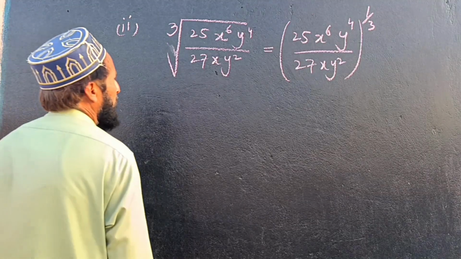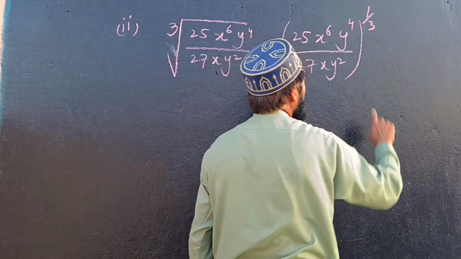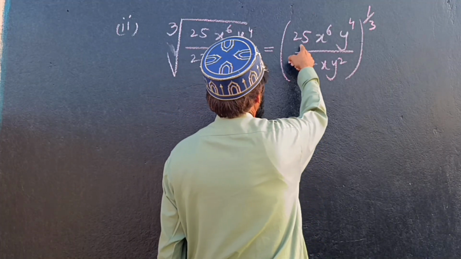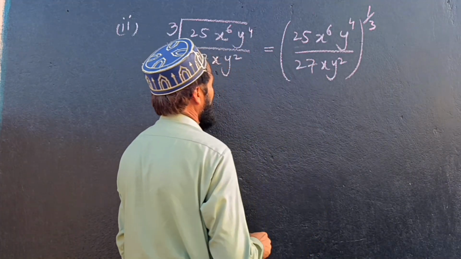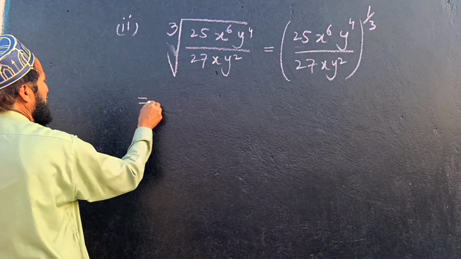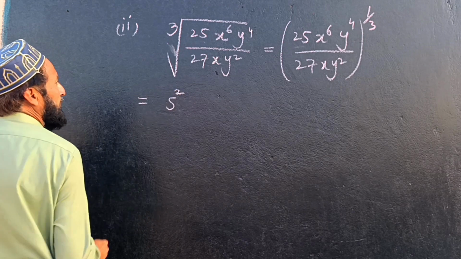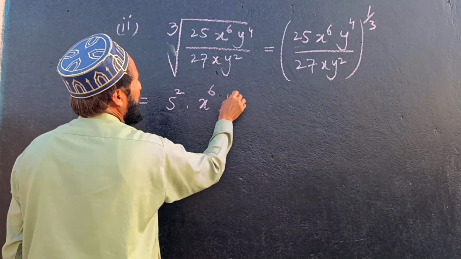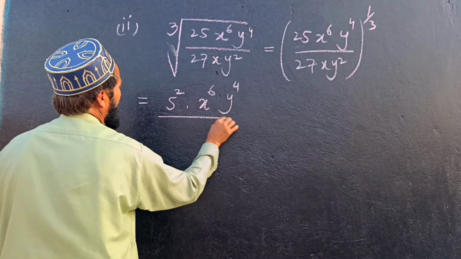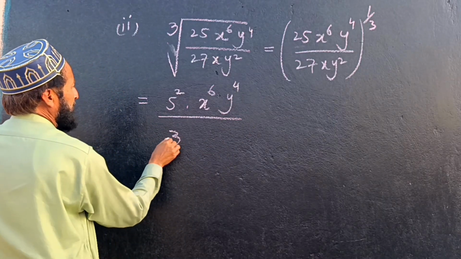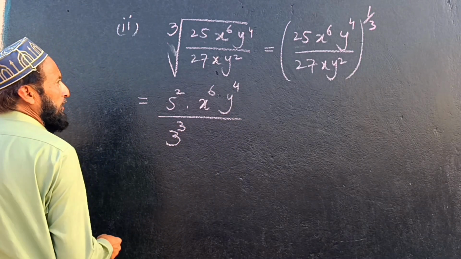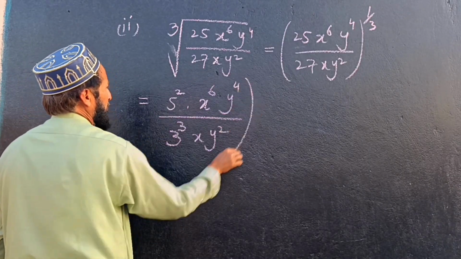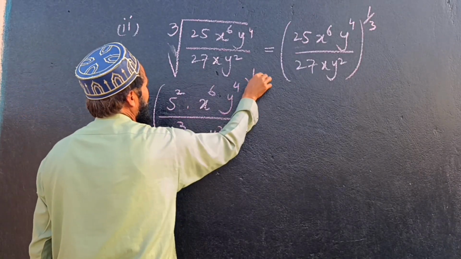Now, since the denominator term is a cube, we can write 25 as 5 square, and x power 6 and y power 4 divided by 27, which we can write as 3 exponent of 3, x y square, as a whole exponent of 1 by 3.